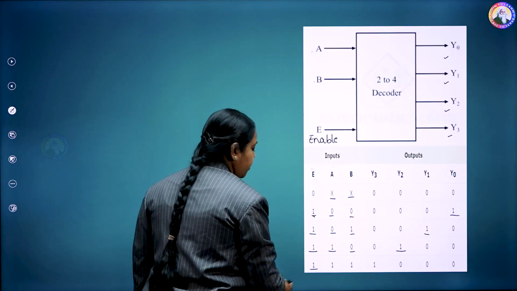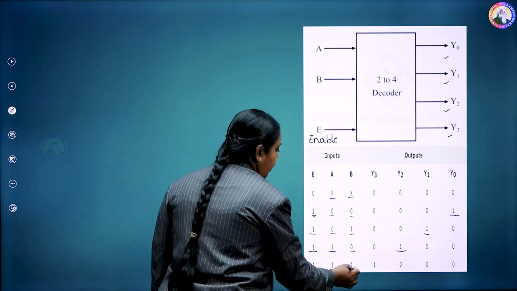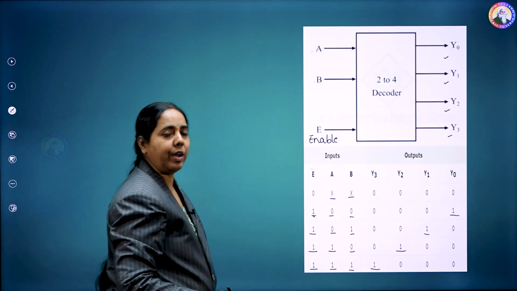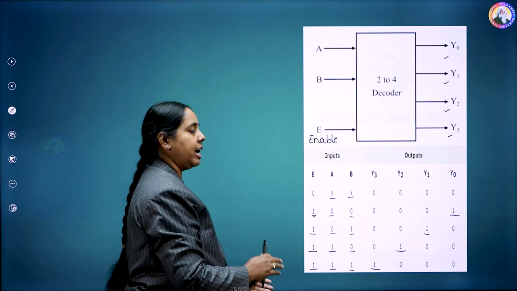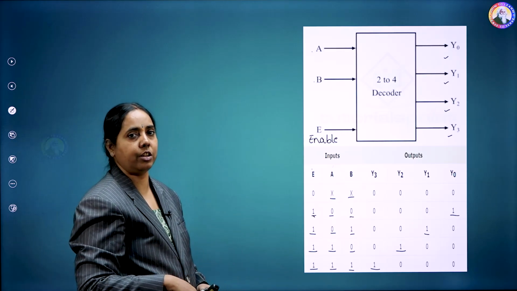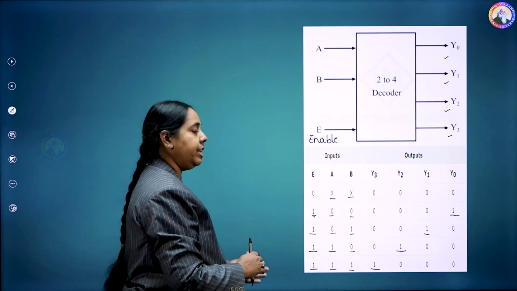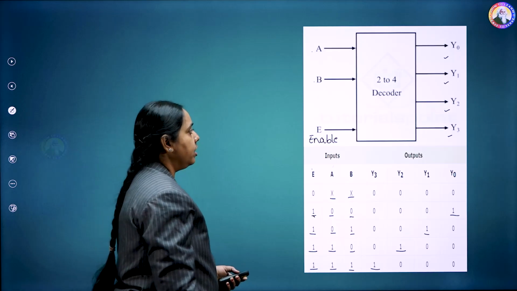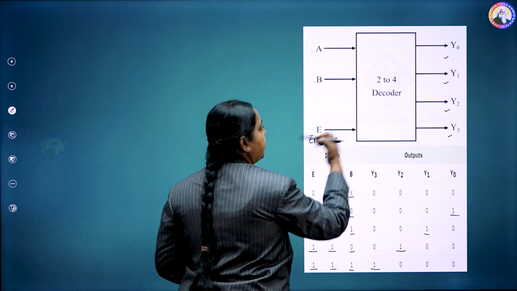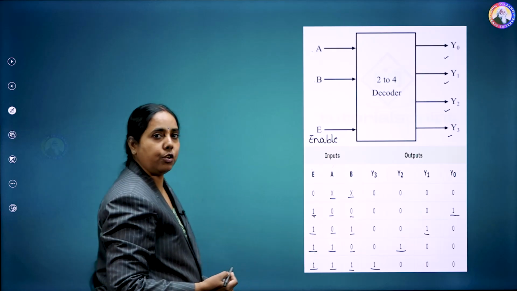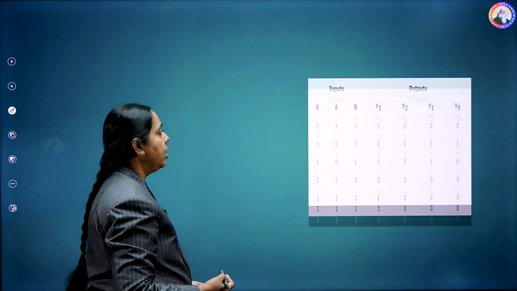If the enable bit is 1 and the inputs are 1, 1, the output identified is Y3. Whenever an output is identified, the remaining outputs will be in logic 0 state and the identified output will be in logic 1 state. So this is the block diagram representation of the 2 to 4 decoder, and this is its truth table representation.